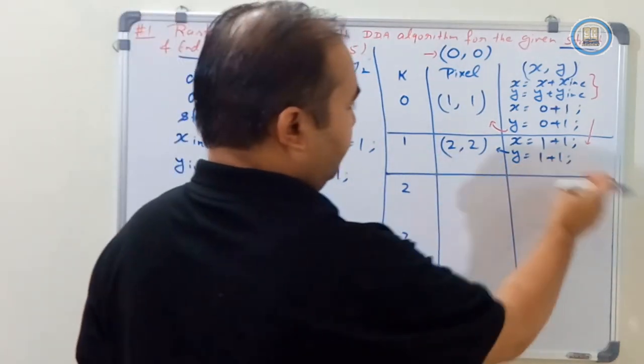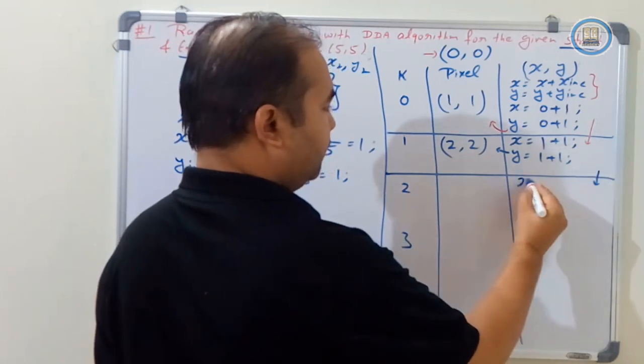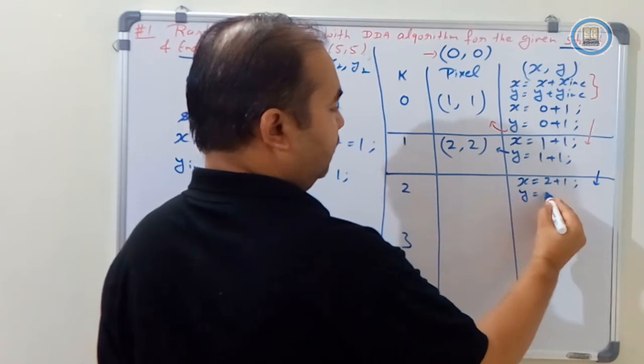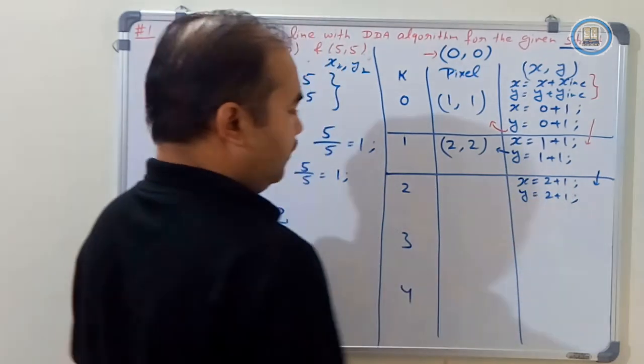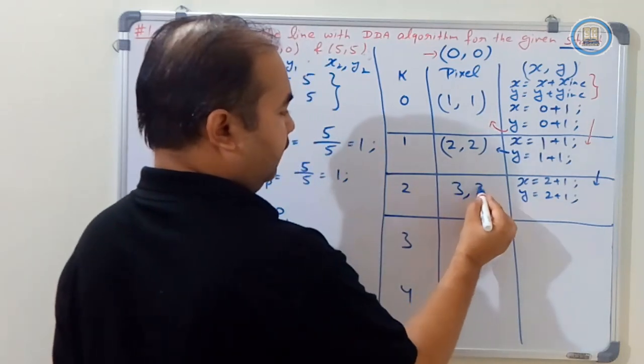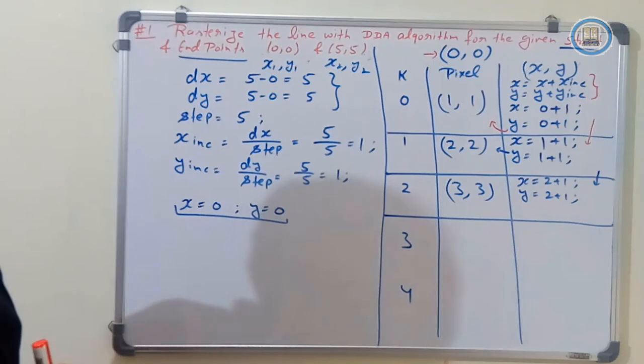So y equal to 1 plus 1, the same thing we need to do again, x equal to 2 plus 1 and y equal to again 2 plus 1. So you can set the pixel value 3 comma 3. This is the second iteration.